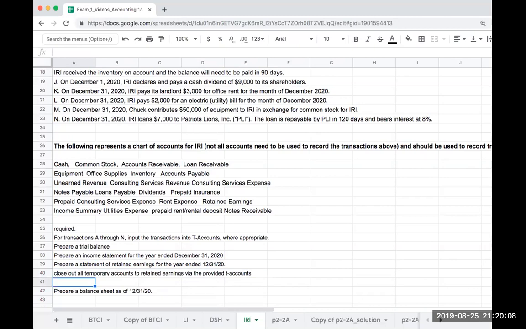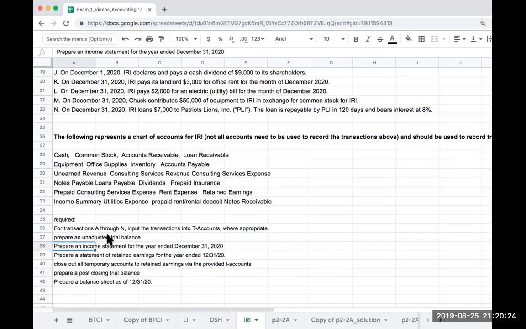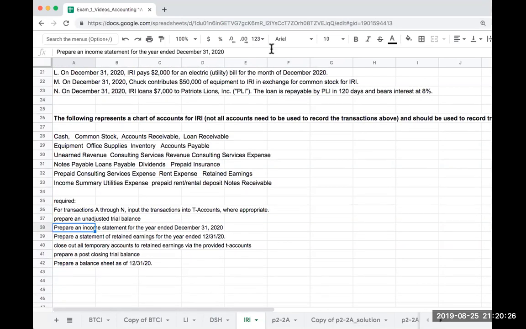And then the next one will be prepare a post-closing trial balance. And this will be prepare an unadjusted trial balance. So for your exam, this is what you're going to be asked to do.